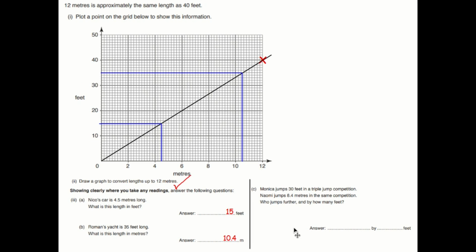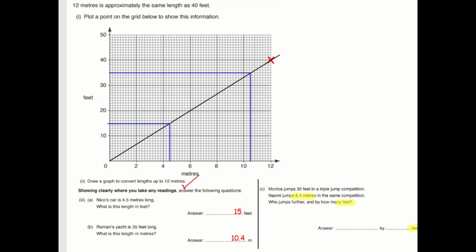C. Monica jumps 30 feet in a triple jump competition. Naomi jumps 8.4 metres in the same competition. Who jumps further and by how many feet? So again, little exam tip there. If it says by how many feet, then you need to change the one that is not in feet into feet. So 8.4 metres into feet. Let's do that. 8.4, well, that's 9, so each one is 0.2, so that's 8.2, 8.4.